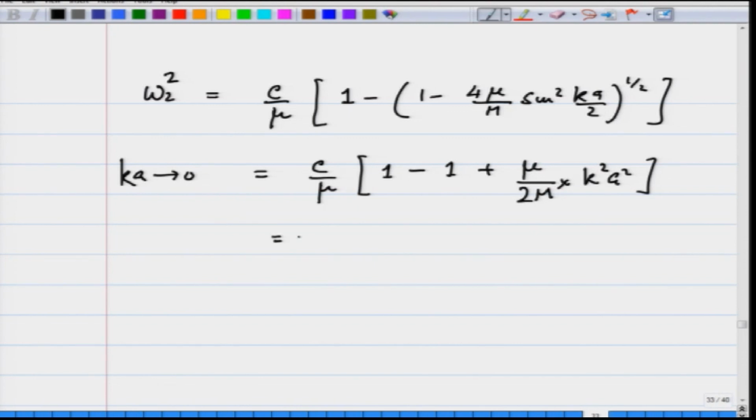So, this is equal to c over 2 m k square a square. This is exactly like what we had earlier in the acoustic mode that we studied last week for a single atom system.